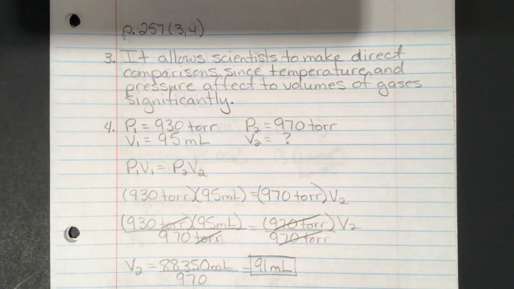Okay, now question 4, I'm going to do that for you. So I'll get a clean sheet of paper here. So number 4 says a gas has a volume of 95 milliliters at a pressure of 930 torr.